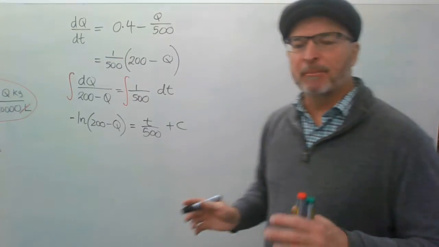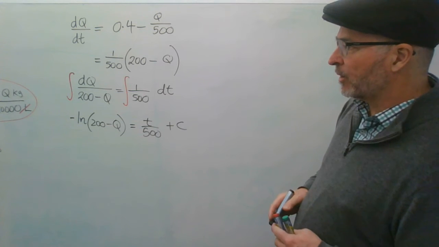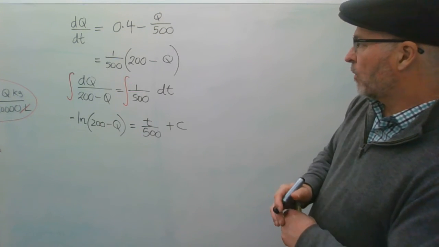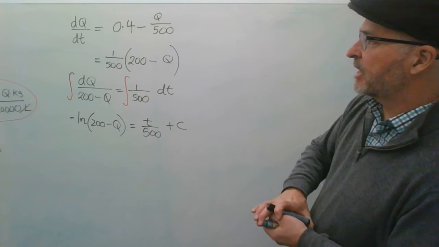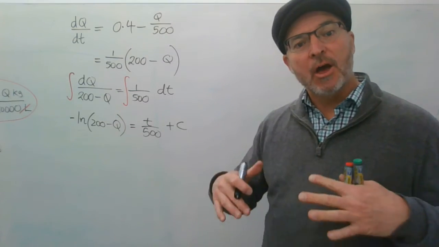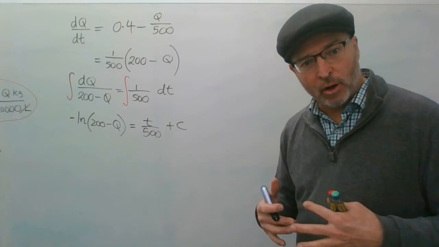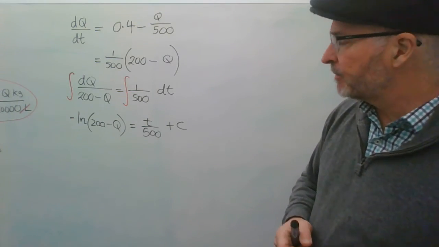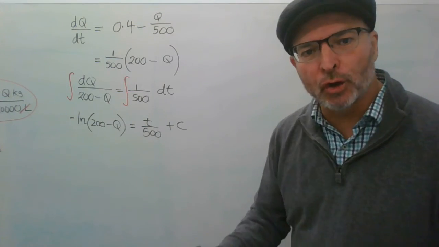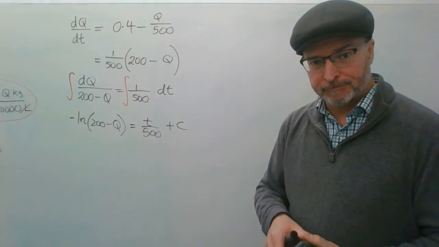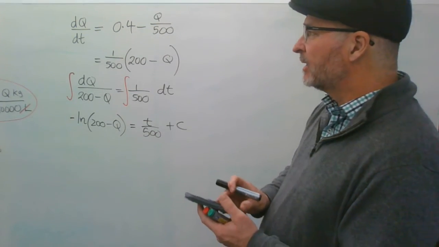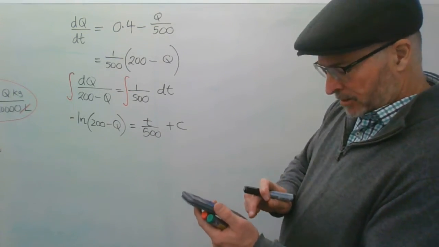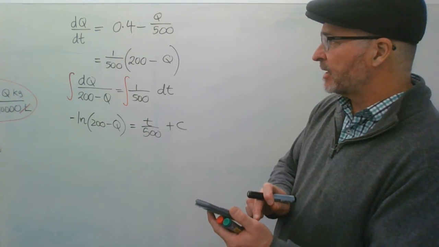Now, at the beginning, we had ourselves a tank with 10,000 litres in it at a concentration of 1 kilogram per 100 litres. So I need to know what Q is at the start. 10,000 litres, how many hundreds goes into that? 100.